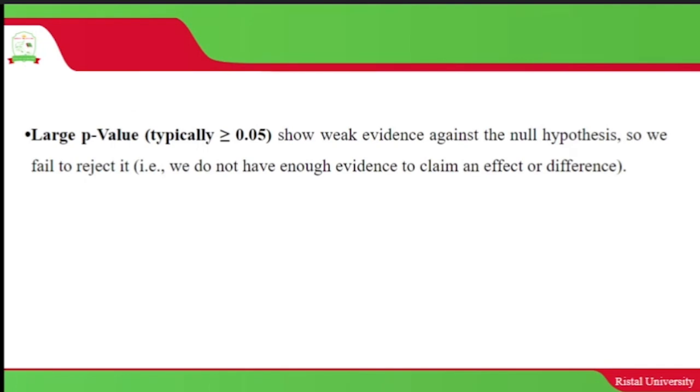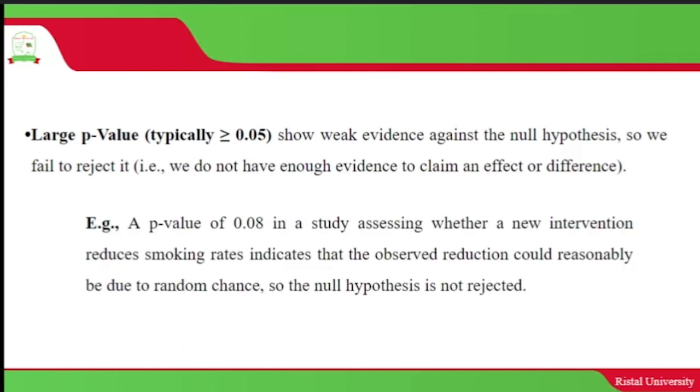These ones show weak evidence against the null. So when you get a p-value of 0.05 or greater, we usually fail to reject the null, and we suggest that there is not enough evidence to claim an effect or difference. So for example, a p-value of 0.08 is evidently greater than 0.05.